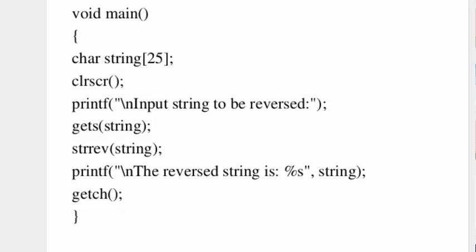Now suppose I am having some input string and I want to reverse the string. So here string is my string with size 25, and I am reading the string. Let's say I have read hello. So hello is my string, which will be read by the gets function and stored in string. And now I want to reverse the string.